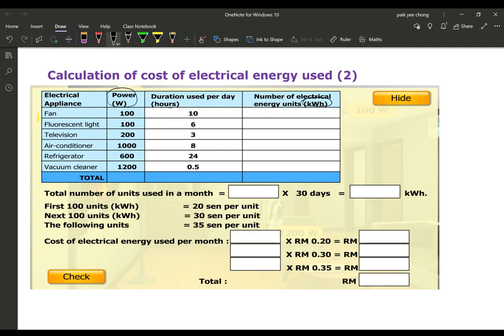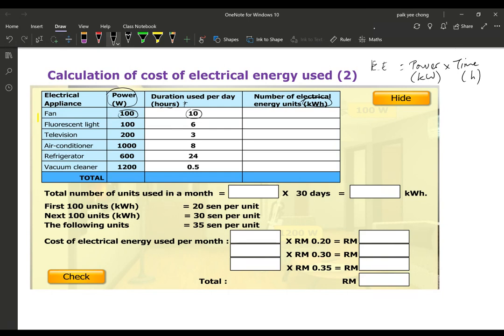Let's start with the formula. The kilowatt hour, the electrical energy use, is equivalent to power times time, where your power is in kilowatt and the time is in hour. Let's look at the fan. Your power is 100 and the duration is in hours, so no problem with the hours, but for the watt, you have to convert into kilo.